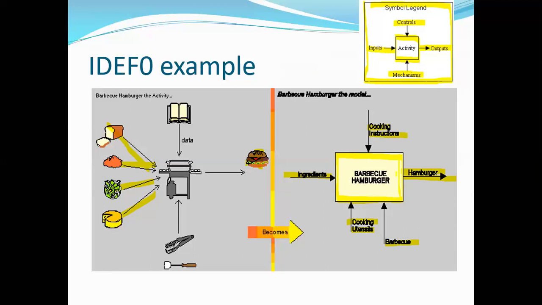So this is an example of IDEF to describe the process flow. This is level 0. If we want to describe more detail, we can click on this process, and it will become more detailed.